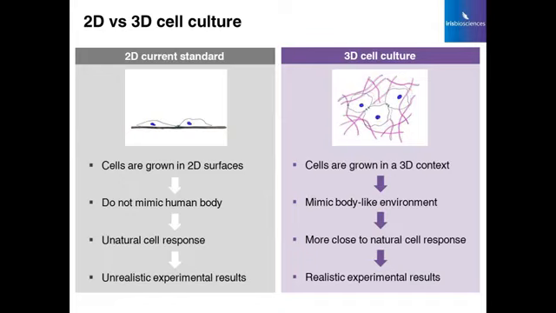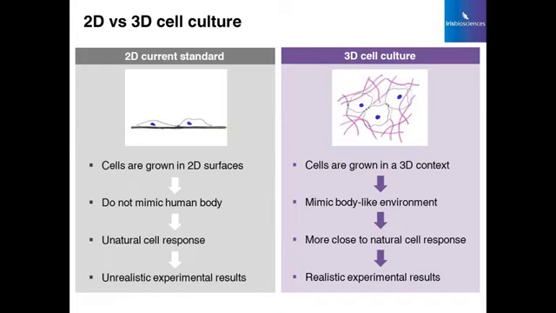We all know that currently 2D cell culture is the standard. Cells are grown in 2D surfaces, but this doesn't really mimic what happens in the human body. Cell response might not be as natural as in the human body, and the experimental results might be quite unrealistic.